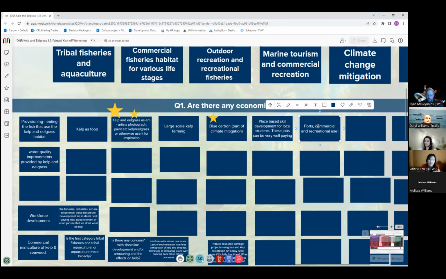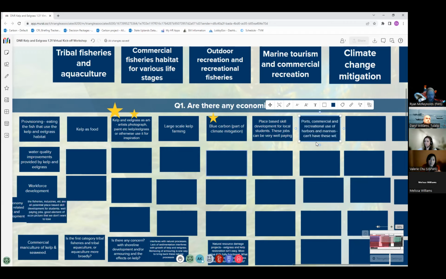DNR, as the manager of aquatic lands, also issues leases for these economic and recreational and commercial uses. And I want to highlight that you can't have all of these things and not sacrifice some of the eelgrass and kelp function.